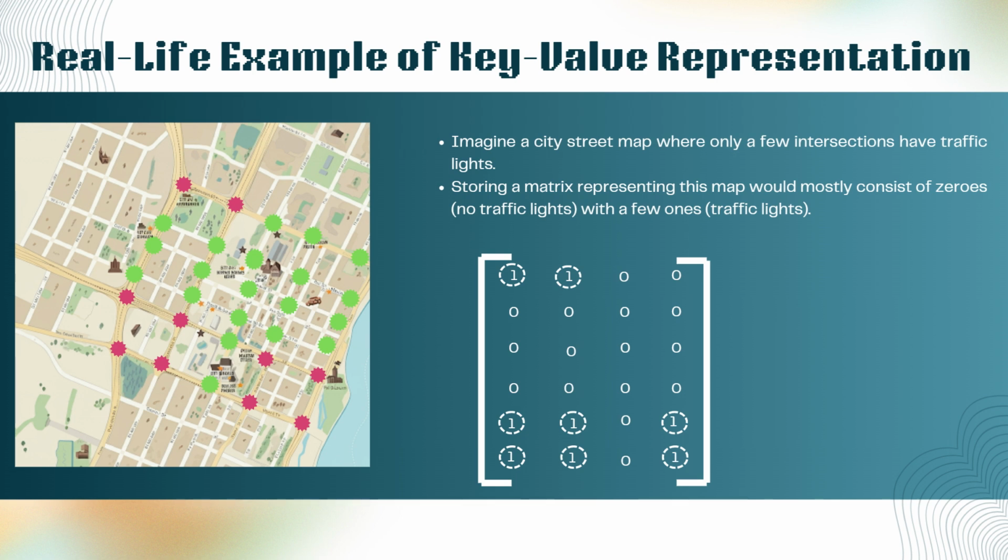If we represent this map into a sparse matrix, you will get the given sparse matrix with ones representing that traffic lights are present and zeros representing that there are no traffic lights in that intersection. Instead of storing the entire matrix, we only store the positions and values of the traffic lights where they are present.